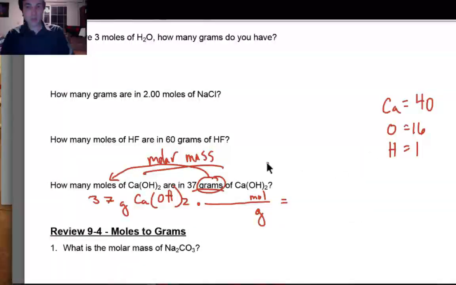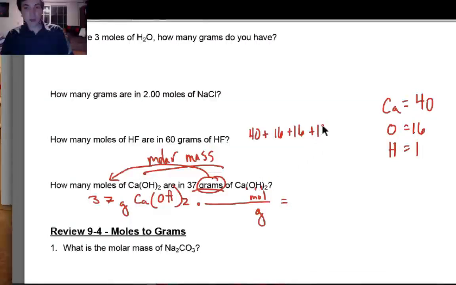If we add these all up together, there's 1 calcium, so that's 40, plus we have a subscript of 1 here for the oxygen, but there's a 2 outside, so we multiply that in. So that's 40 plus 16 twice because there's 2 oxygens. And then hydrogen has a subscript of 1, but again we have to multiply that 2 in, which means we have 2 times 1, or 2 hydrogens.